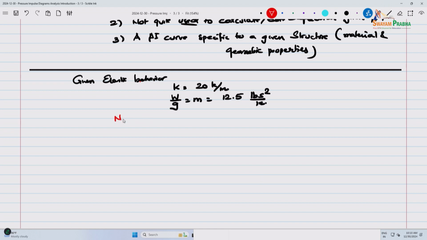If you normalize the axis, the x-axis is I divided by x max square root of km. Say x max, the damage level, is 2 inches.